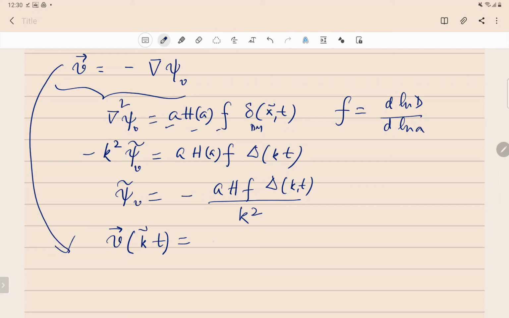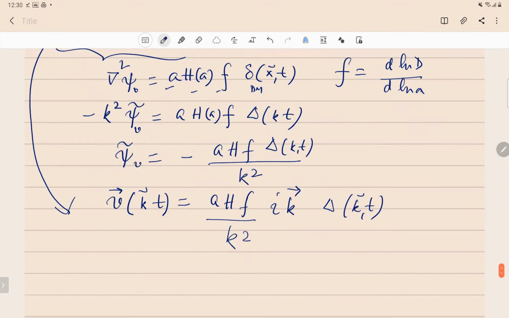So this is going to give you A, H, F squared, sorry, F, pi k square, ik, and then you have delta k comma t. So these are very convenient.